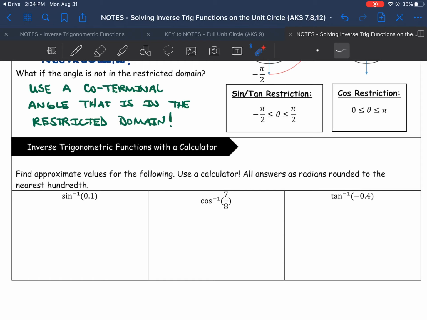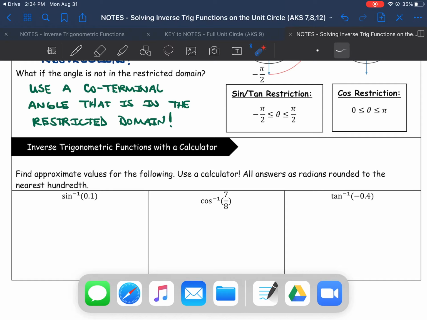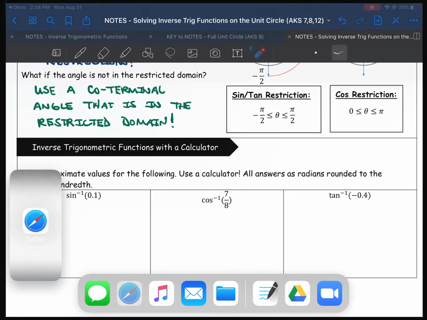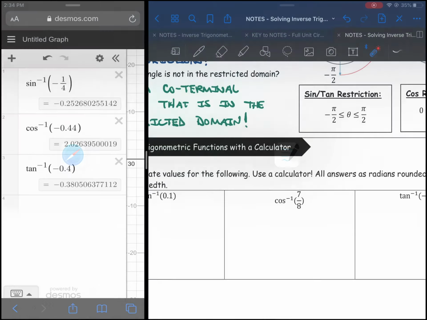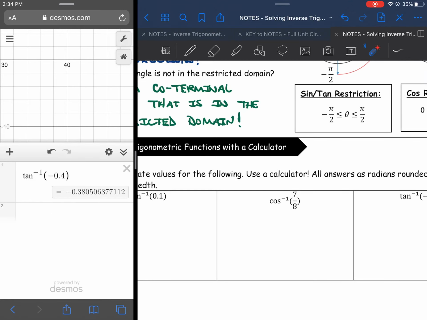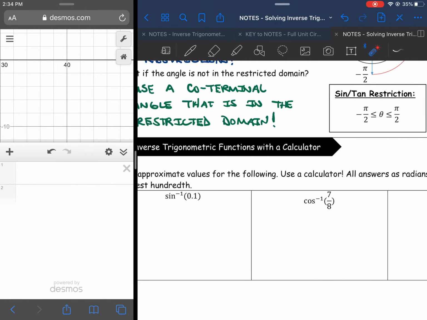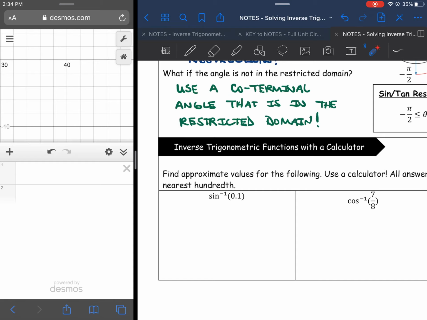Also, let's talk real quickly about inverse trig functions with a calculator. This section is more so to make sure that we know how to use a calculator if we need to. I'm going to be using Desmos here, so I'm going to pull that up split screen. Now, one of the important things here is that if we are using a calculator, make sure that you're in the correct angle measure.